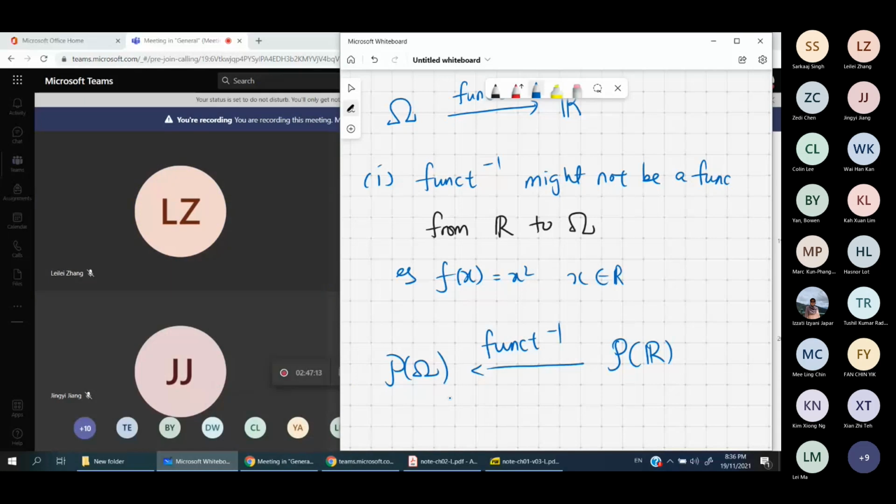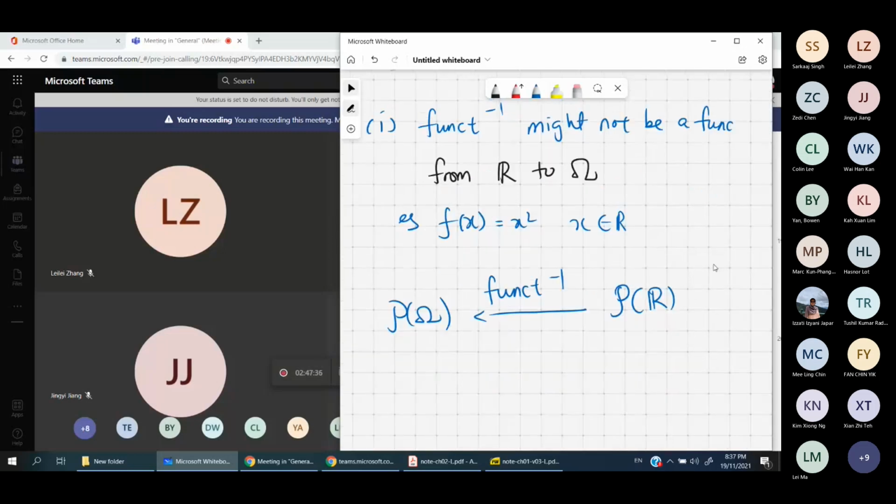That's why we look at the inverse for sets instead of the inverse for particular numbers. You cannot bring a number back because of this issue, but you can bring a subset back. This is the general mathematical setting.